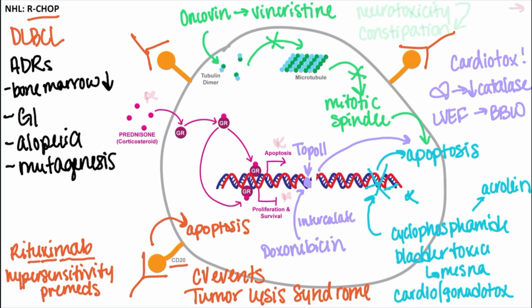So the big adverse drug reaction for this agent is neurotoxicity, specifically peripheral neuropathy that can be very severe, leading to significant tingling, pain, and hypersensitivity to cold, as well as other concerns like constipation, which is thought to be from autonomic neuropathy.